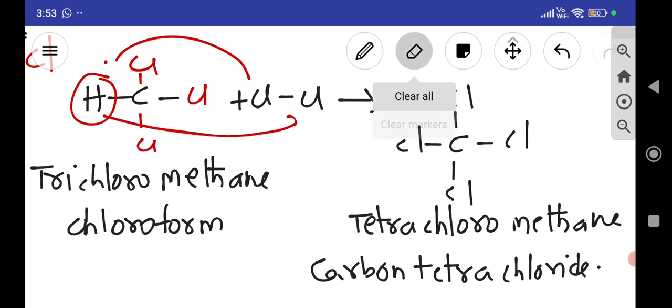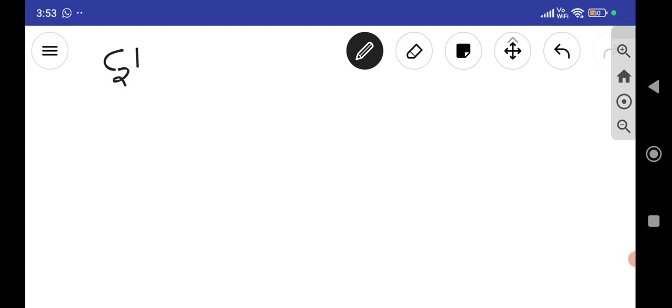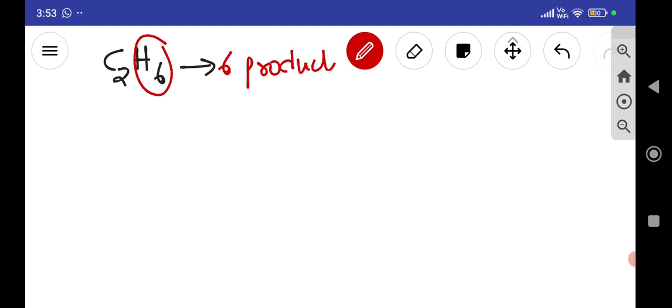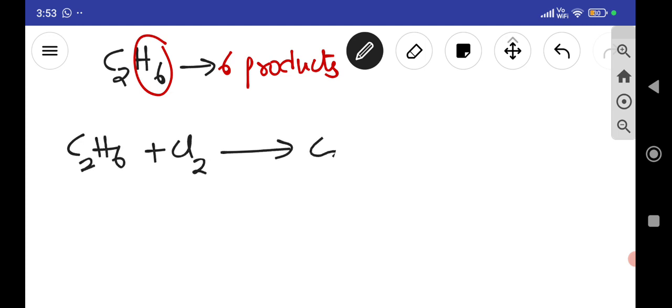One more important thing is, if they are asking you to find out what are the substitution products of ethane, so understand there are 6 hydrogens, therefore definitely you are going to get 6 substitution products. So directly I will write this: C2H6 plus Cl2 gives us, first one H is replaced, so C2H5Cl.